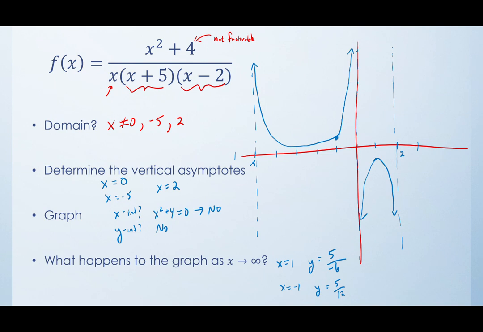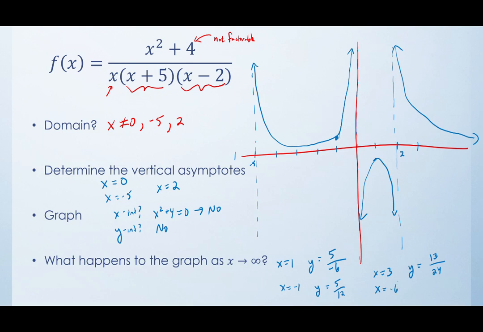And then we can do the same thing with, say, 3. What's 9 plus 4 is 13, over 3 times 8 times 1, 24. And so that's positive. That's all I really care about because that tells me it's going to be doing something like this.